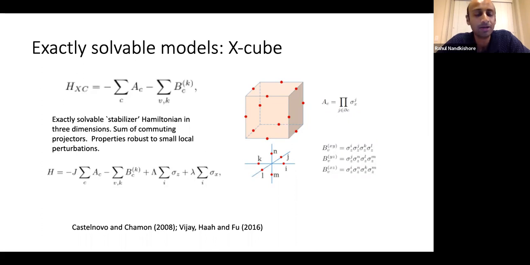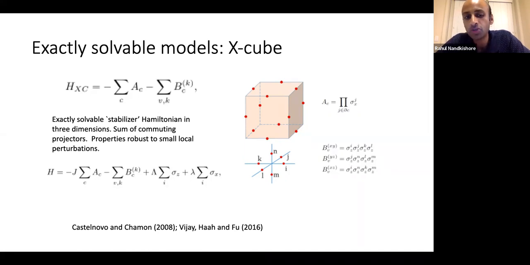Now, one thing that you can readily verify if you sit down and count is that with open boundary conditions, the ground state is unique. And the excited states have eigenvalue -1 under some of these operators, so you can straight away see that there is a gap to the excited states.